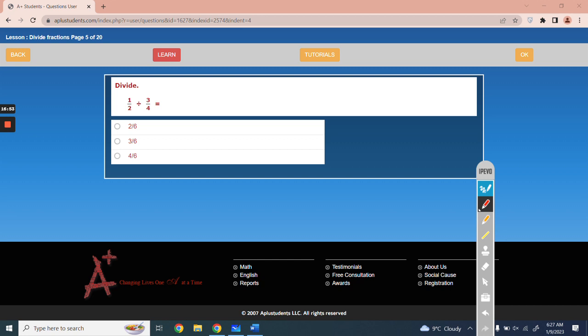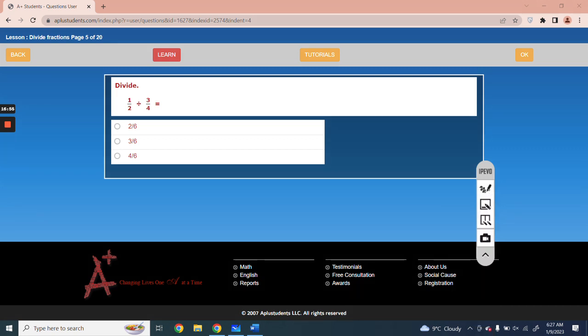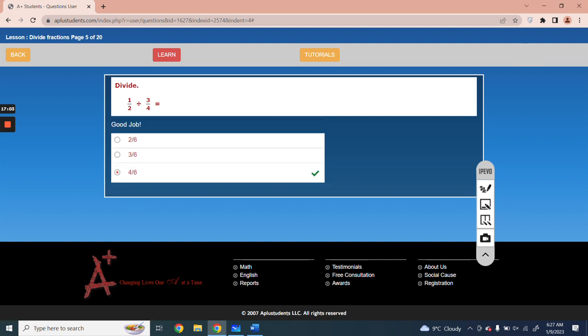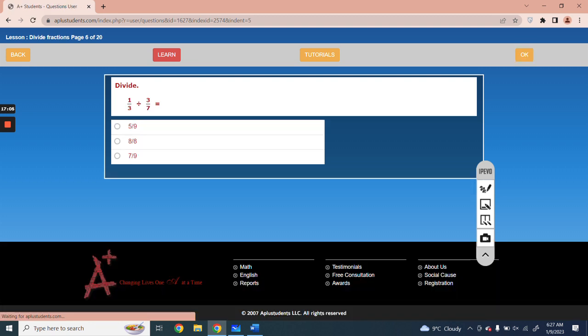Okay, now for the next one you have to do the question in your notebook and let me know the answer. Got it? Okay, 1 over 2 divided by 1 over 3 divided by 3 over 7. So which is the correct option? Just solve the question in your notebook and write the answers.